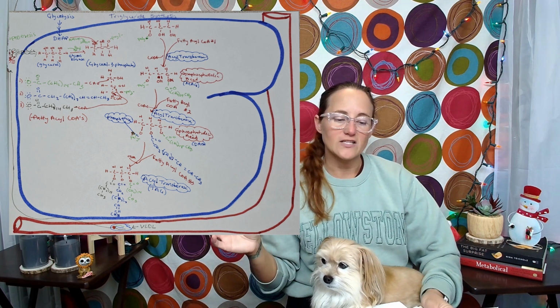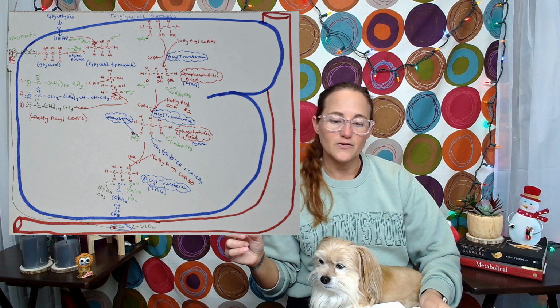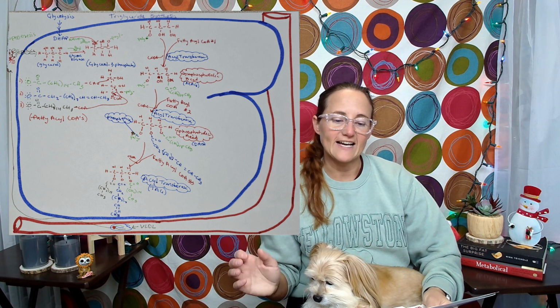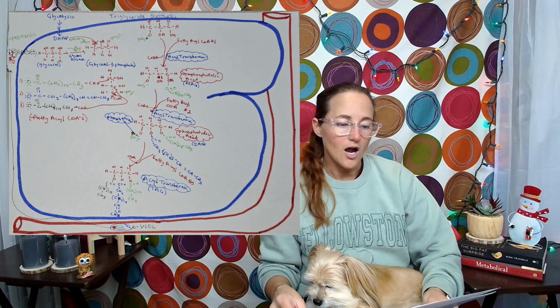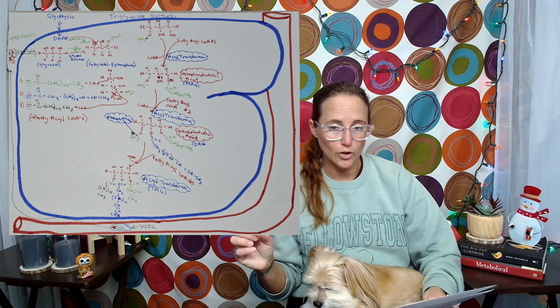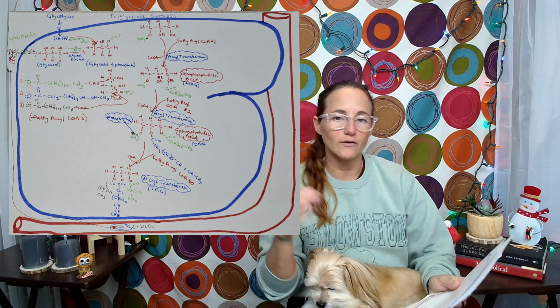So glycerol 3-phosphate reacts with 2 fatty acyl-CoA molecules, forming phosphatidic acid. The phosphate group is removed, resulting in a diacylglycerol. A third fatty acid is added to create a triglyceride molecule. So basically that's what's in the middle of this picture.